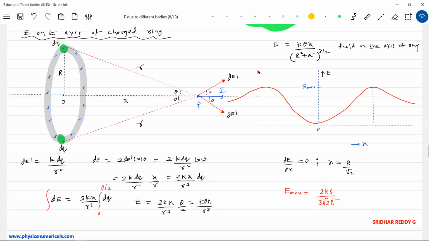In the exam, you can't derive, and again differentiate, equate to 0, then substitute x equal to R by root 2, then get this formula, then use it. By the time your competitor would have solved 4 or 5 problems. So you should know this formula, and you should know this formula. I'm making things clear. There's no other way. You may be very intelligent, but if you don't have some suitable memory, not possible. You may not get a good score.